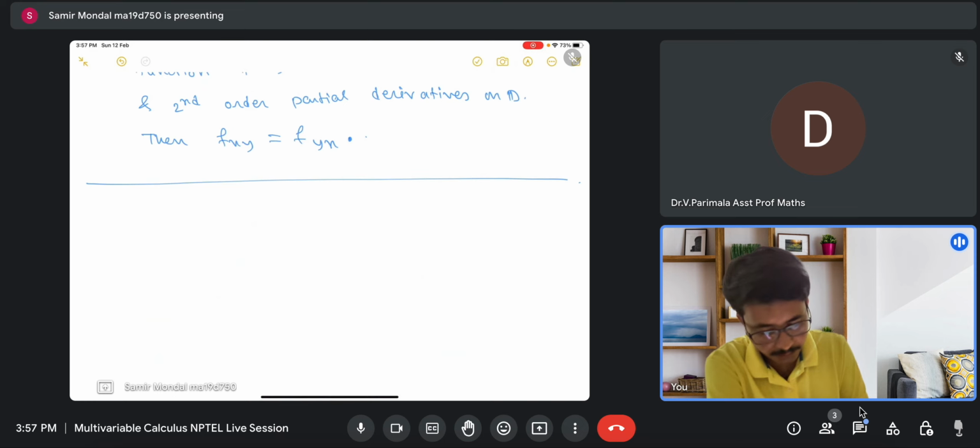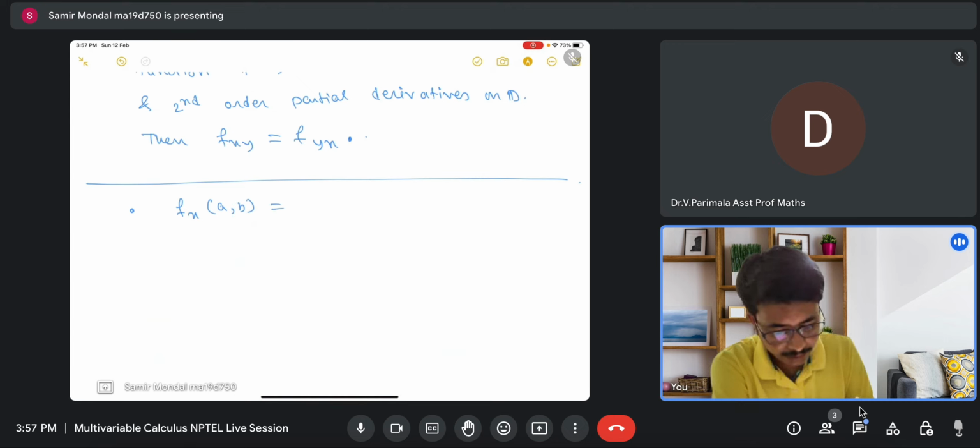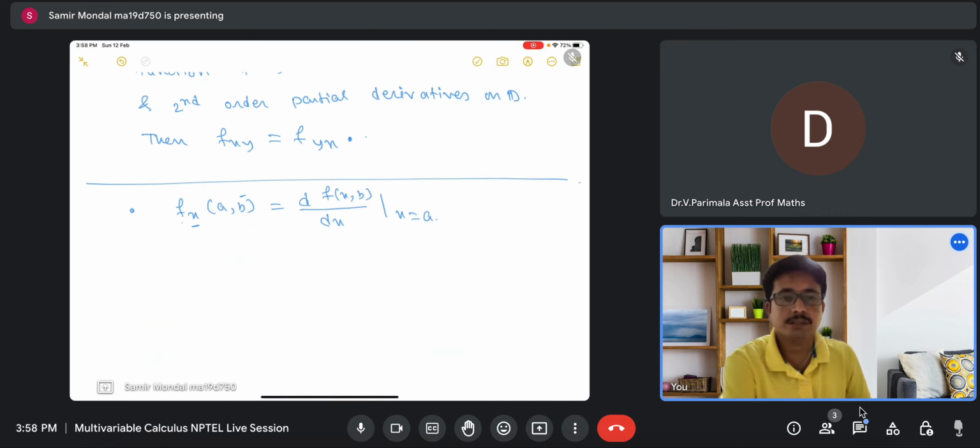Okay, so initially we have seen the partial derivative with respect to x at the point (a, b). When we are going for the partial derivative with respect to x, we will plug in y, so we will get this function f of x, b. So when we look for the partial derivative of the function f with respect to x, we differentiate with respect to x, then we put x equal to a, and we get this quantity.